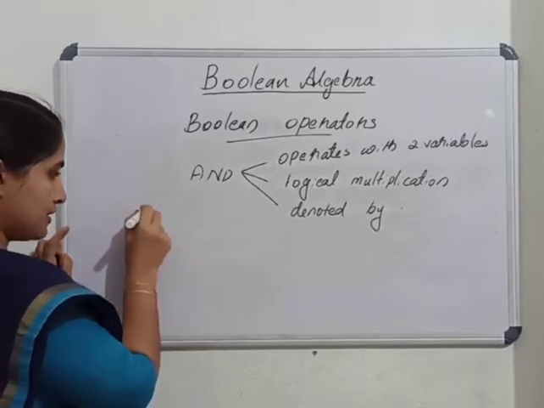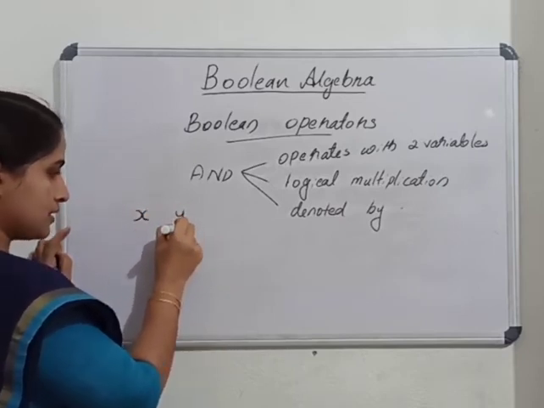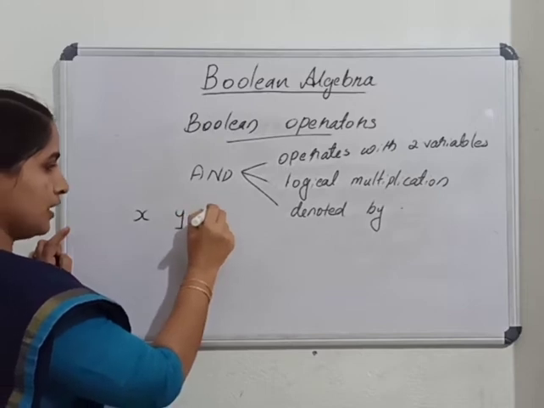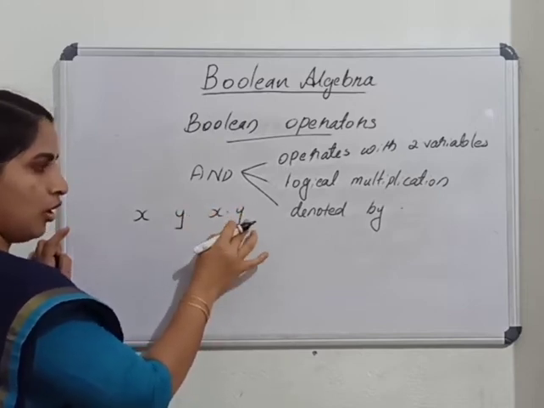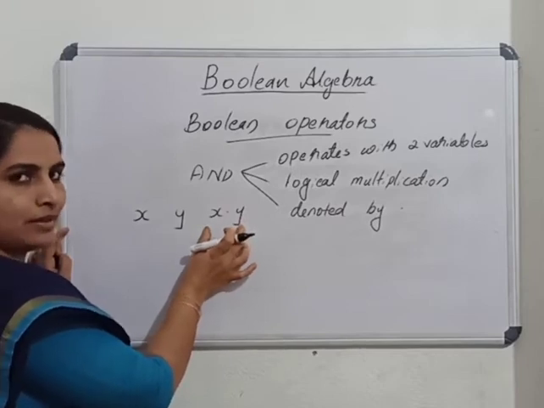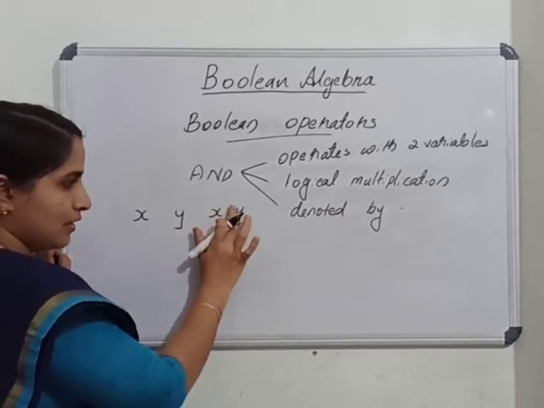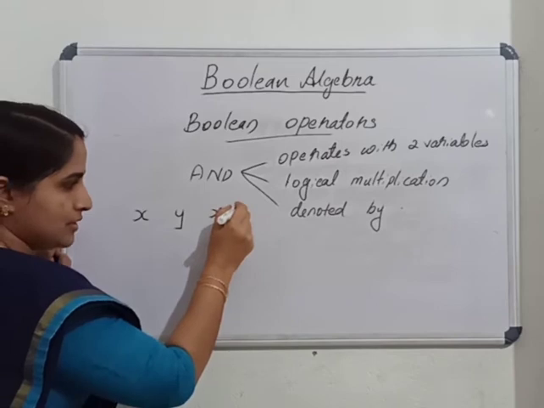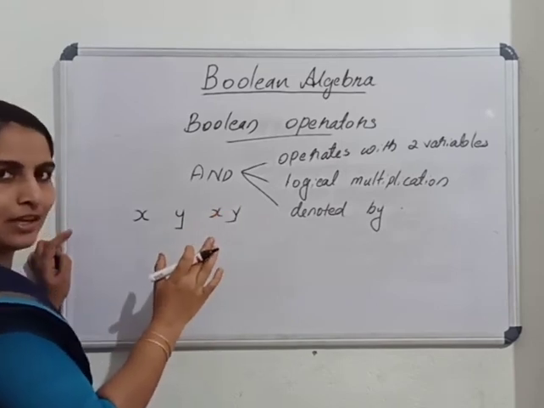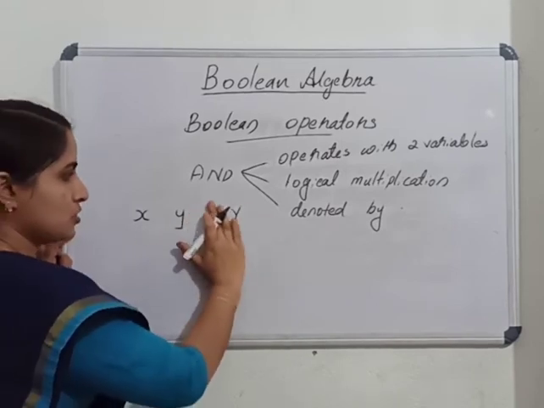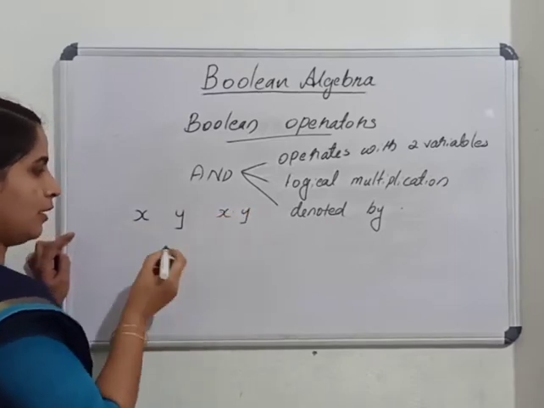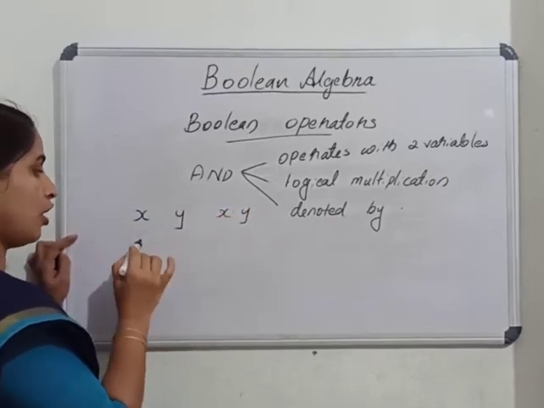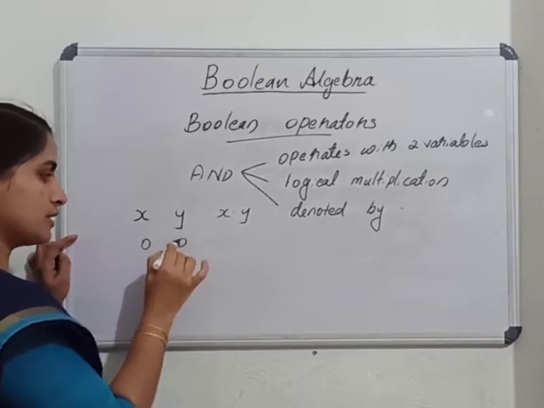So if x and y both are the inputs, then x and y, or we can read it as xy. Or instead of x dot y, I can write it as xy. Both are right in case of AND operator. So here I am doing x and y. Help me to write the input combination 0, 0.